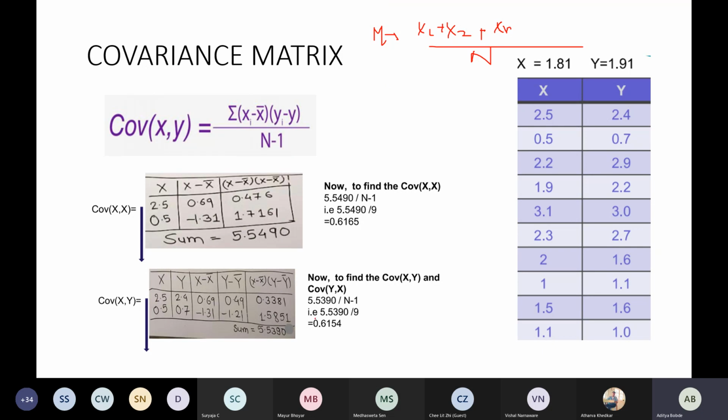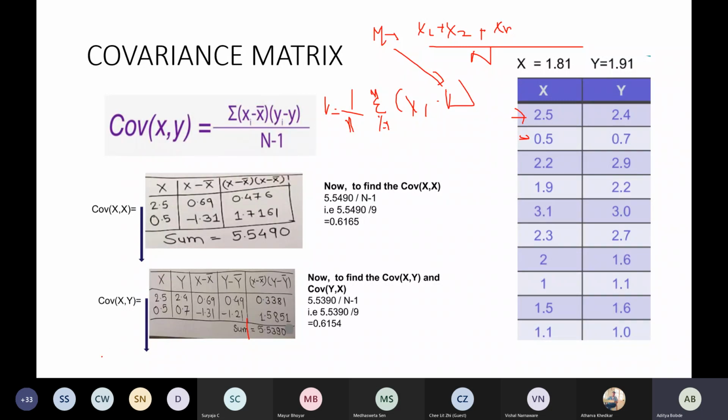And the formula for your variance was something like 1 by n, where n represents your number of observations, summation i ranging from 1 to n of xi minus mu. Xi means this value or this value. Mu you have already calculated from the above step. Okay, so this gives your variance.